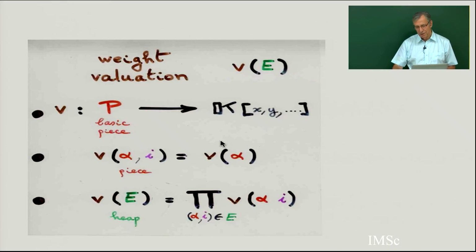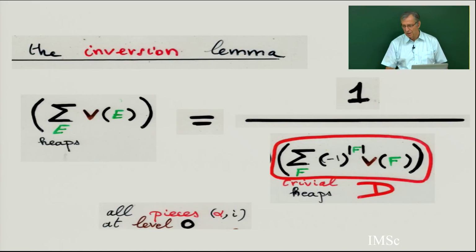And the first basic lemma of this course is the inversion lemma, that the generating function for all possible heaps, the sum of all the weights, which is going to be a formal power series in many variables, is going to be the inverse of this D, the denominator, and the denominator is the alternating sum of the weighted trivial heaps.